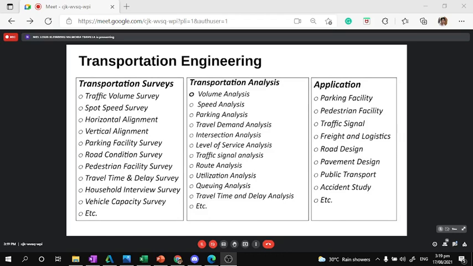civil engineering major sa CEM4, which is introduction transportation engineering applications and design. So but for now, dinhi sa atong principles of transportation engineering sa CE26, I will already discuss the different survey like traffic, spot speed, horizontal, vertical, parking, and so forth para maka-analyze na ta and then masabtan ninyo asa siya i-apply based on facility.